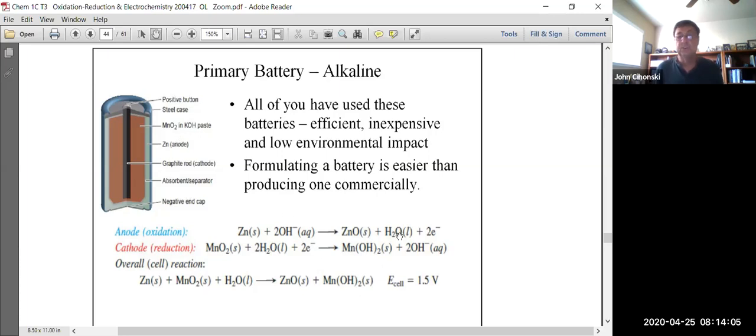Now, in order to have these two species available to both, we have a paste in the middle here, and that paste will have the goodies in it, okay? And we're talking about goodies here, since the electrode, the cathode, is the carbon we talked about, this manganese dioxide is in the paste, but it does not go over as far as the zinc, and we have the hydroxide.